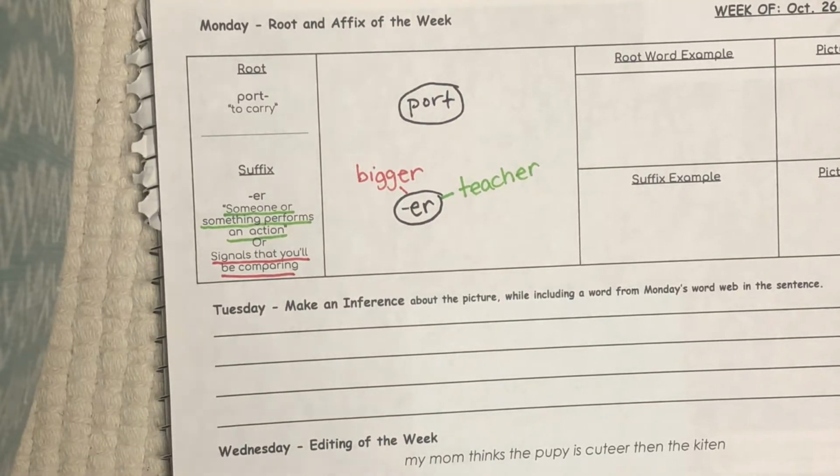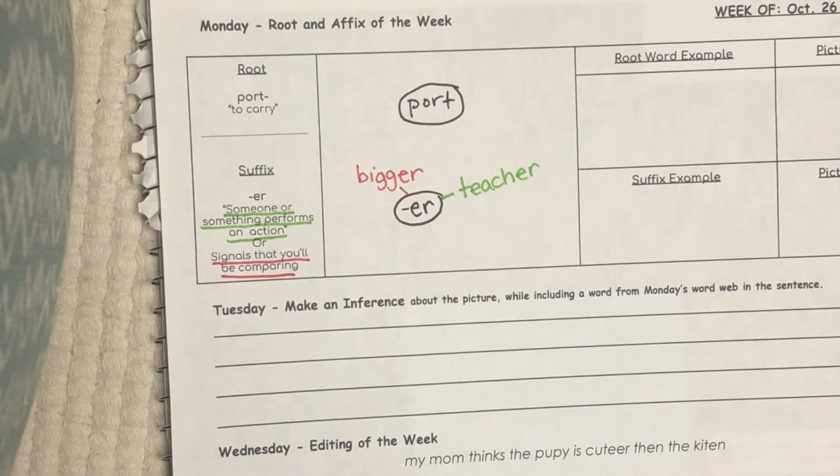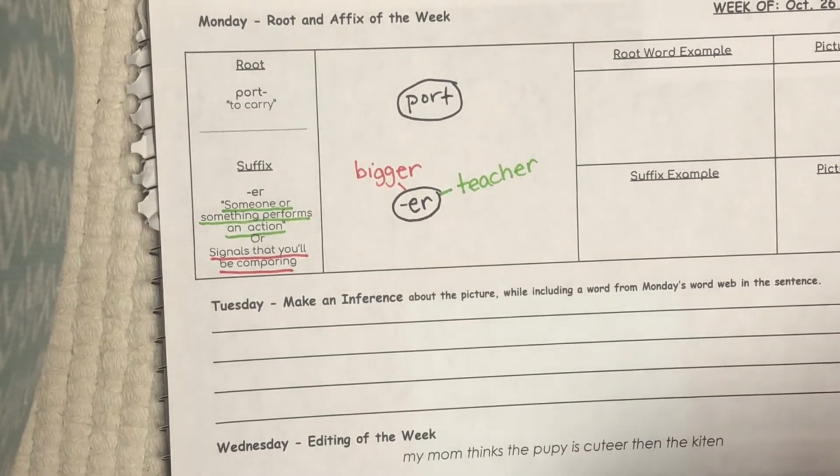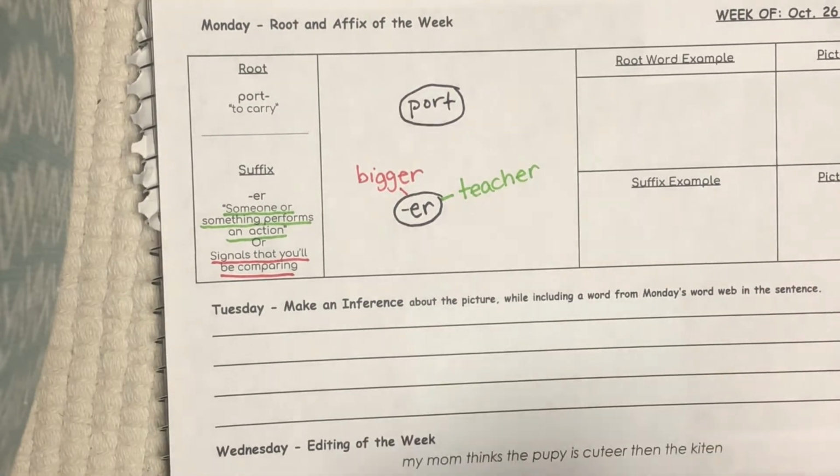So we're going to add some more to this list. I guess I'm starting with the ER. Of course, if you have other words that you want to add on here that I have not done, that's totally okay.